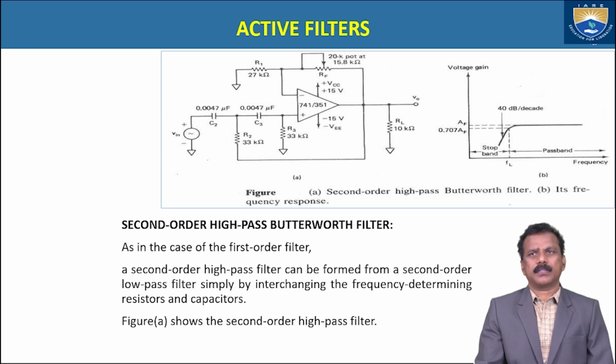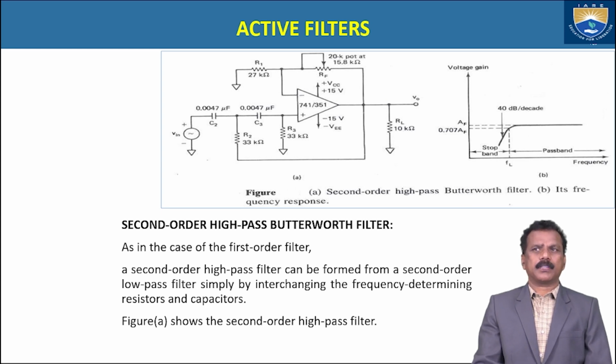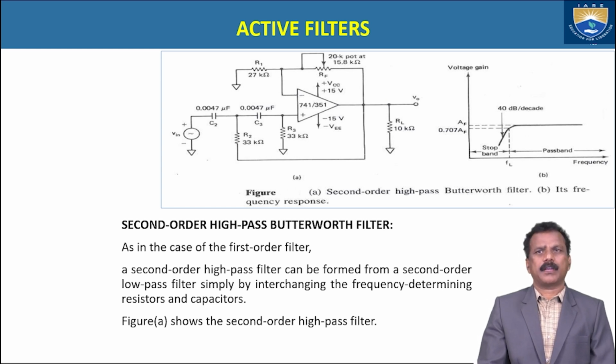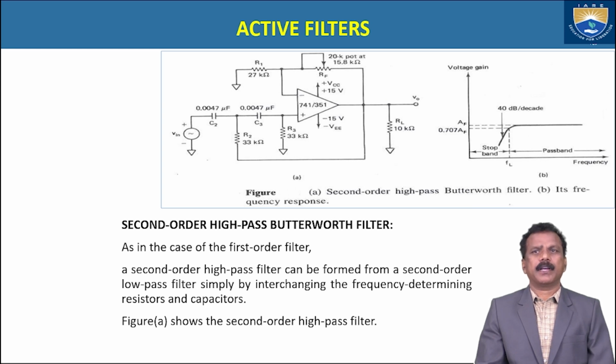After that, we consider this second order high pass Butterworth filter. As in the case of the first order circuit, the second order high pass filter can be formed from the second order low pass filter simply by interchanging the frequency determining resistors and capacitors. Based on this circuit diagram, we can verify the output response, voltage gain versus frequency.